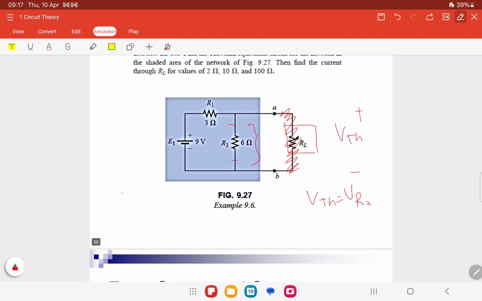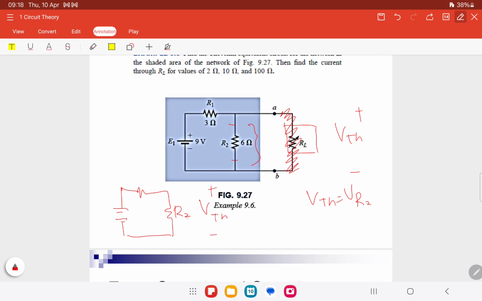Dia actually the circuit we consider as this one. Dia akan jadi macam ni je circuit dia nanti. VTH kat sini. So simple. Alright.